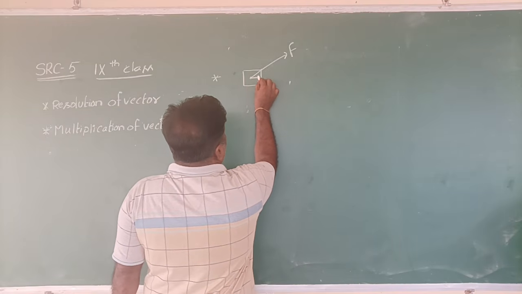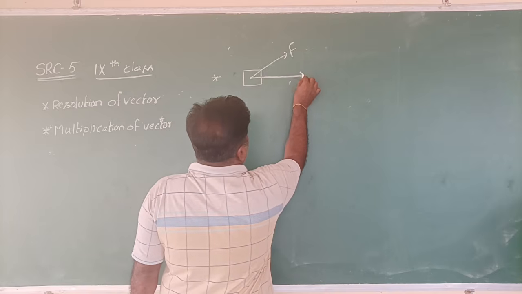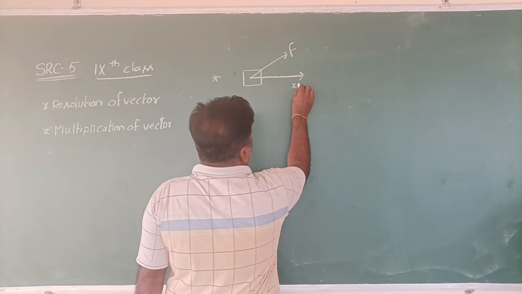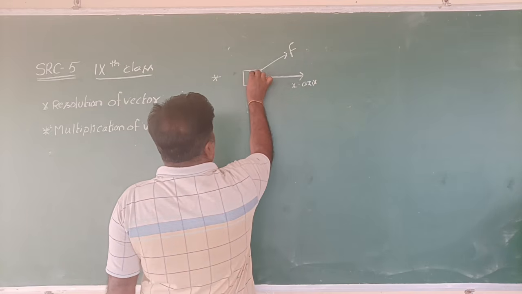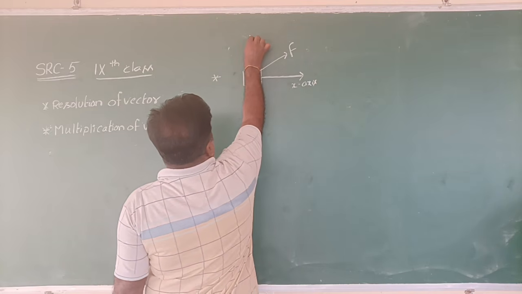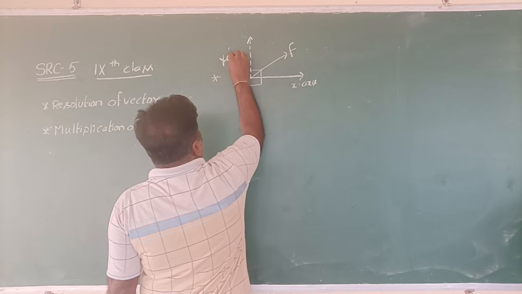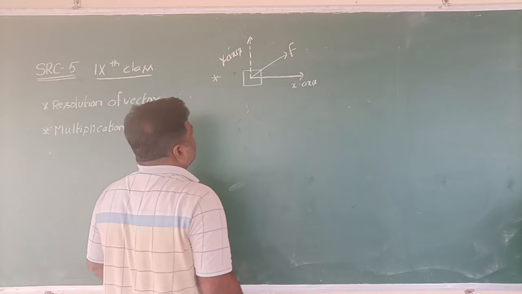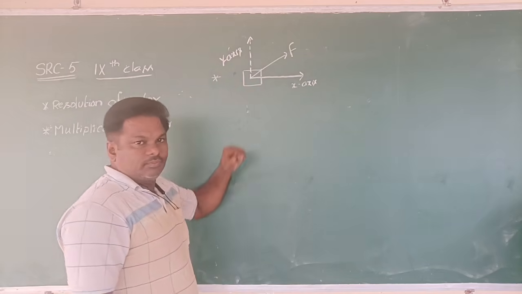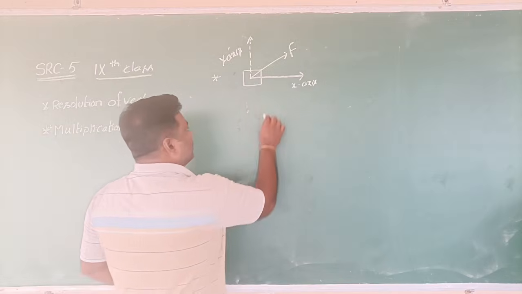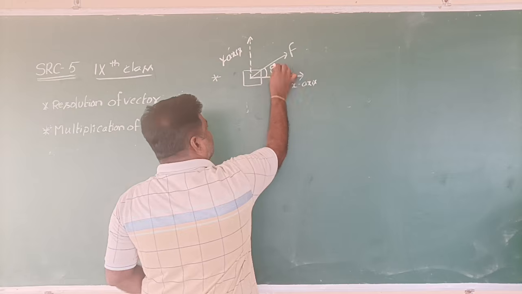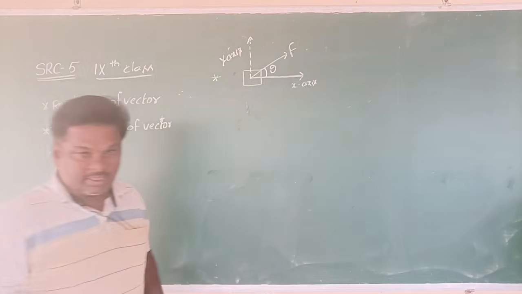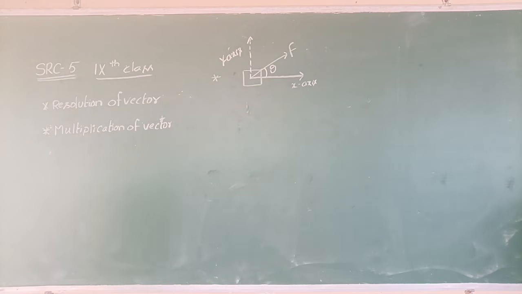Look, this is the horizontal axis, we are calling this the x-axis, and this is the vertical axis, we are calling this the y-axis. Since it is a force, it has a direction. That means it is directed at an angle theta with the x-axis.